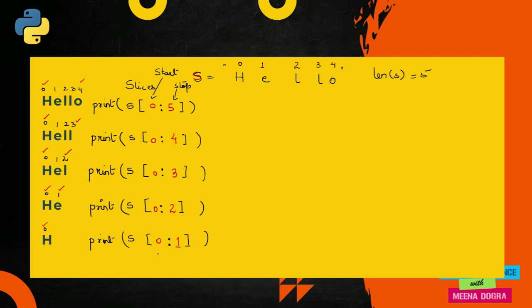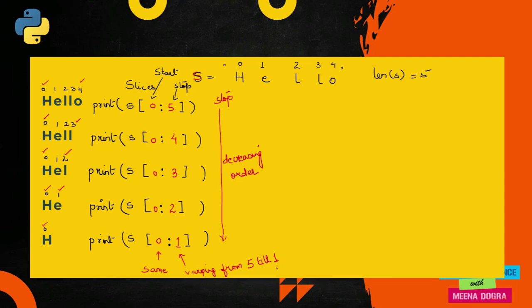Okay, now once again we'll see that this 0 remains same in all the slices. Now what is varying is the value of stop, and this time it is in decreasing order. Fine, so the value of stop is in decreasing order, children. Okay, so stop is decreasing, last time it was increasing. So where is it decreasing from, you tell me, in which it is in decreasing order, and it is varying from 5 till 1.